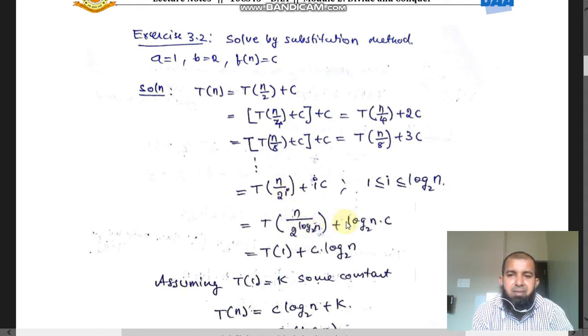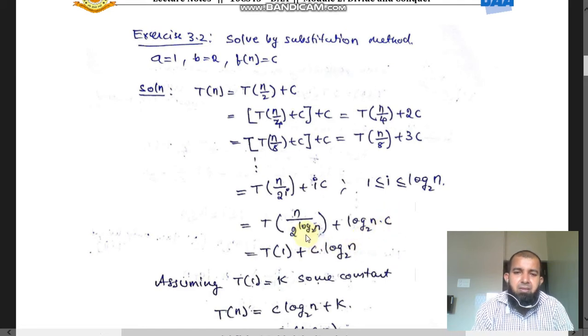Okay, plus i is what here? Log n base 2 into c. So then T(1) plus c log n base 2.